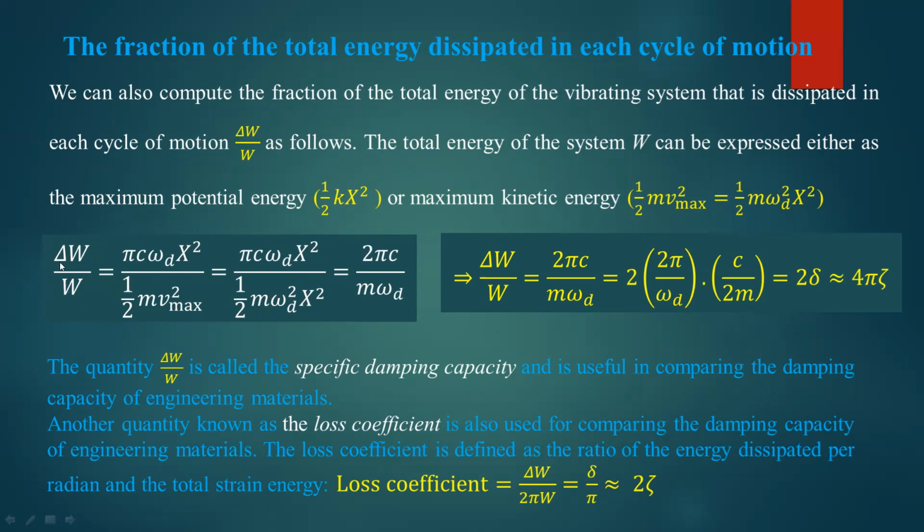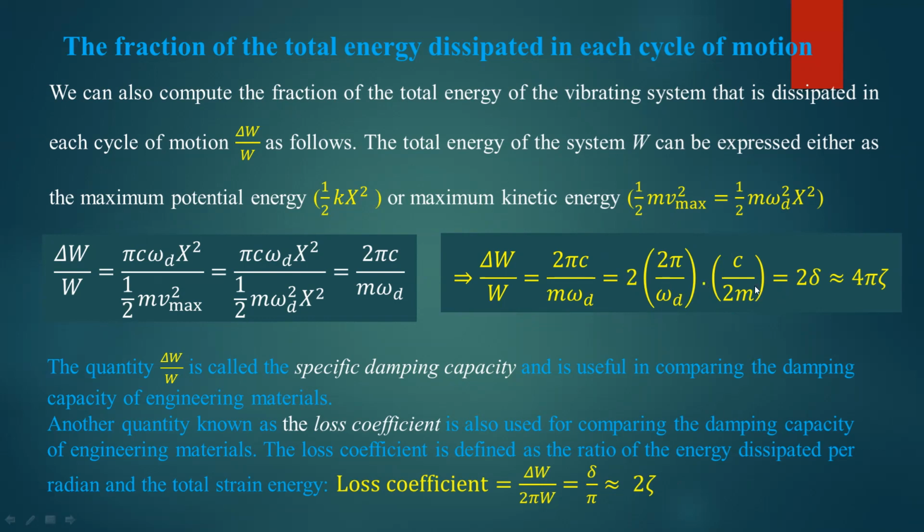This is dissipated energy, this is total energy. The dissipated energy is pi c omega d x square, as we derived in the previous section. And the total energy is the kinetic energy, half m omega d square x square. By doing that, finally what we get is 2 pi c over m omega d as the ratio of delta W to W. That delta W to W can also be rearranged with the help of the damping ratio.